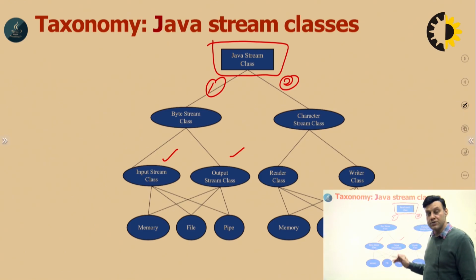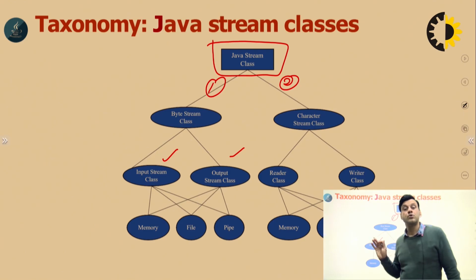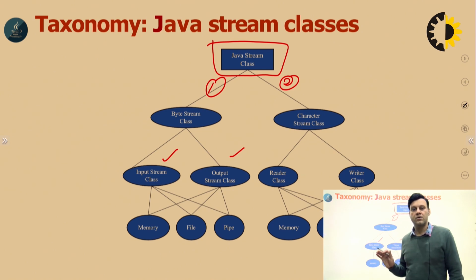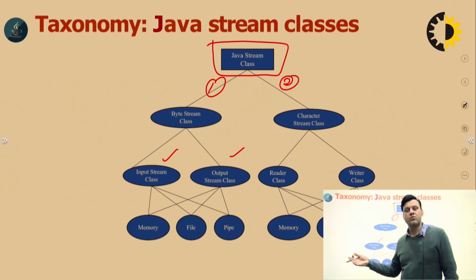And what does the output stream do? Output stream is used to display something on a screen, to save something in memory, or to transfer something to another network.